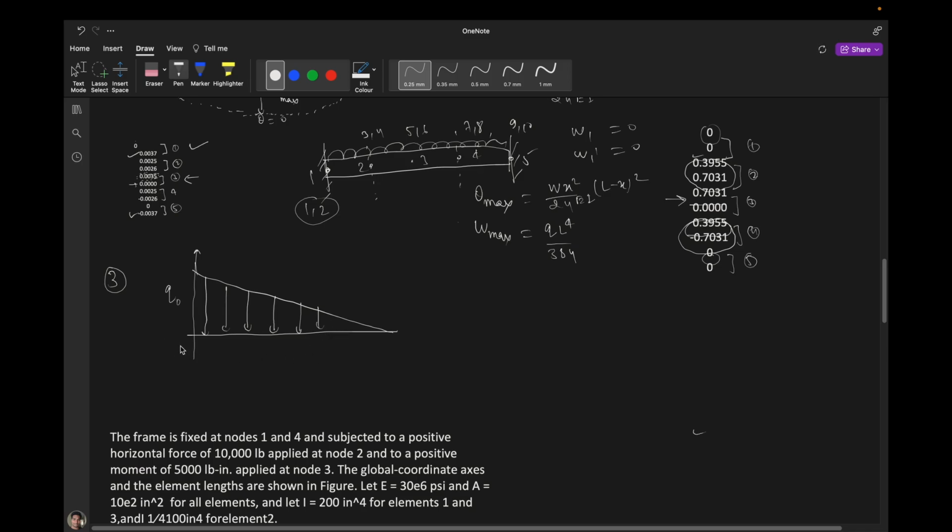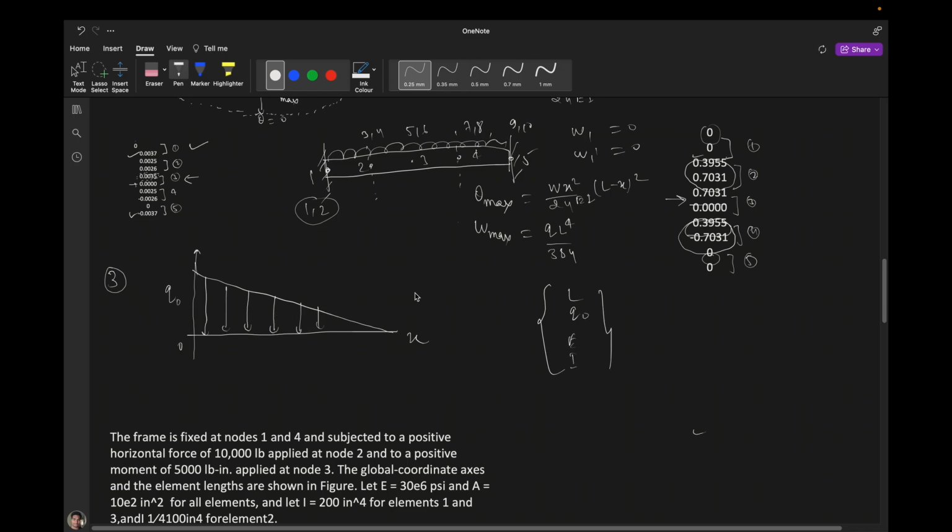This is the length, 0 to x, and the span again is L. In this case it is Q naught, and E and I, everything are the same.